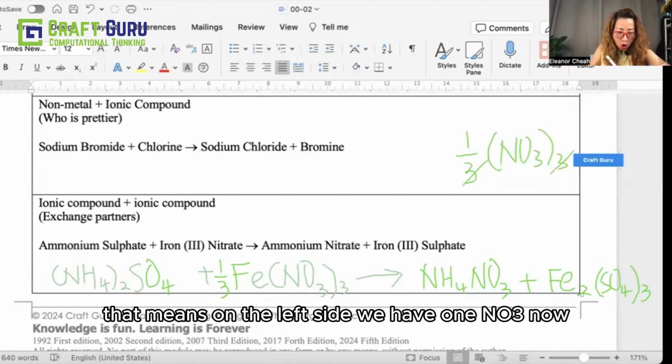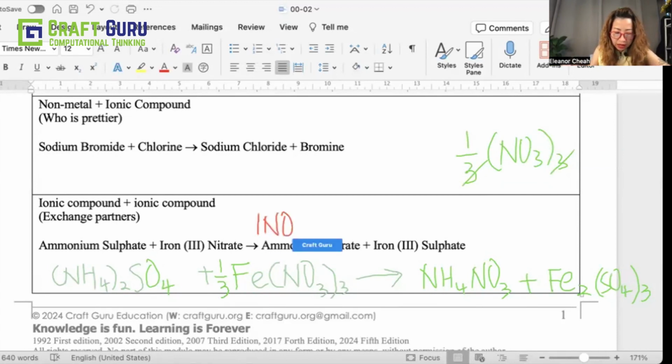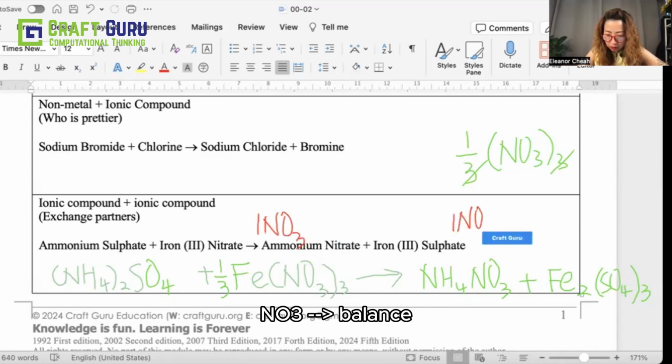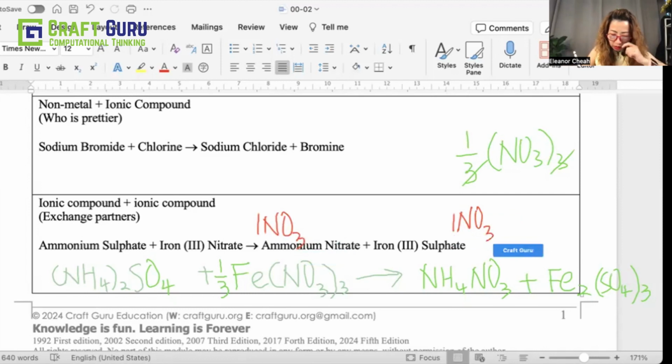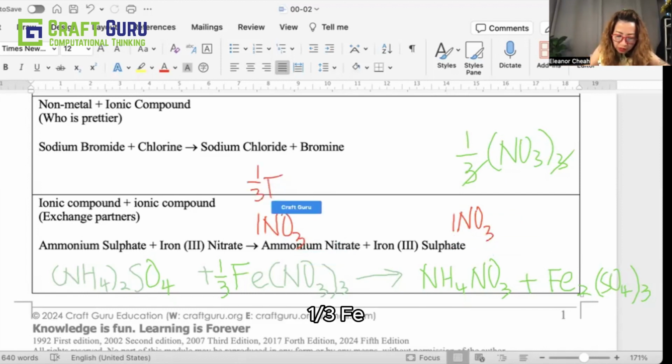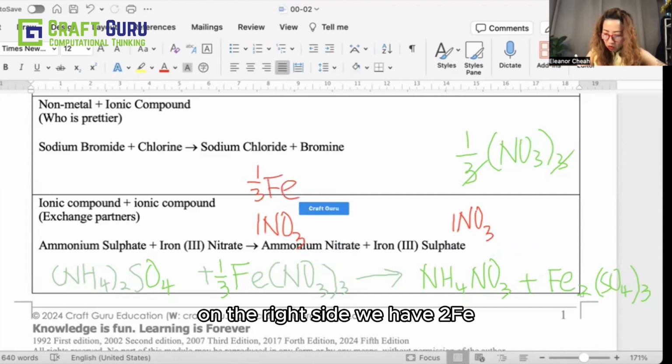That means on the left side we have 1 NO3 now. On the right side we have 1 NO3 balance. But on the left side we have 1 over 3 Fe. On the right side we have 2 Fe.